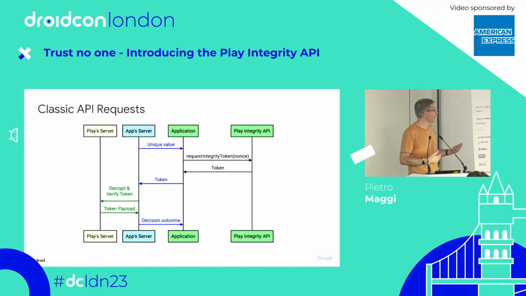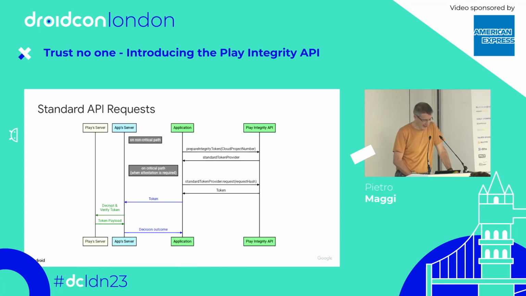The token payload includes also the nonce, so your server can check that this is the same nonce as at the start, so it is the correct request, and then you make a decision on the server side. Can I trust this API request or not?